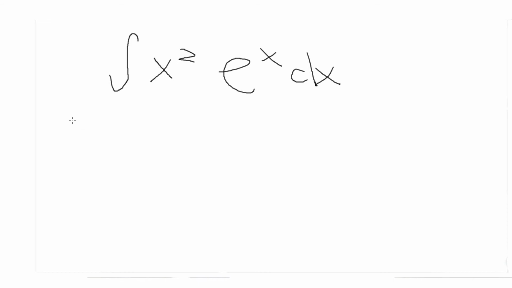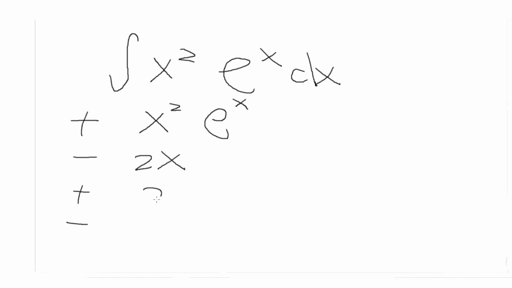So let's set everything up. Here we have plus, minus, x squared, e to the x. In this case, we find the derivative of the whole thing. The derivative of x squared is 2x, the derivative of 2x is 2, and then we differentiate the whole thing again, we get 0.